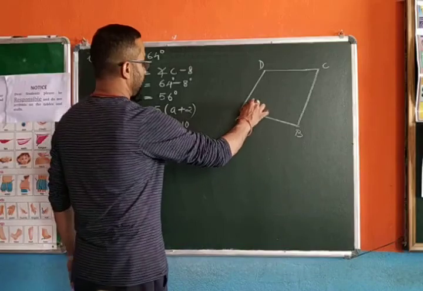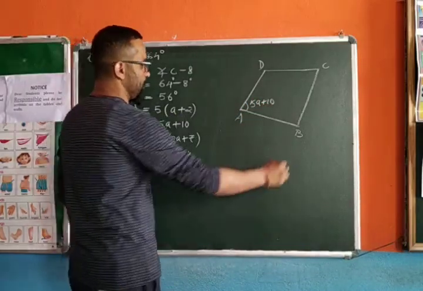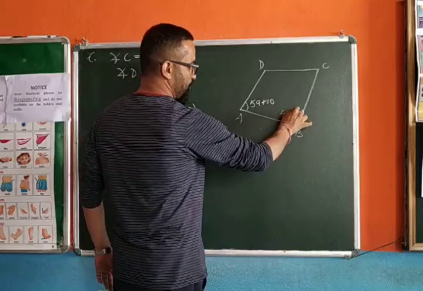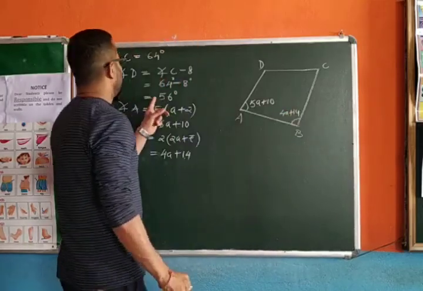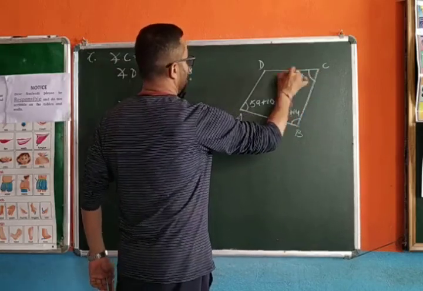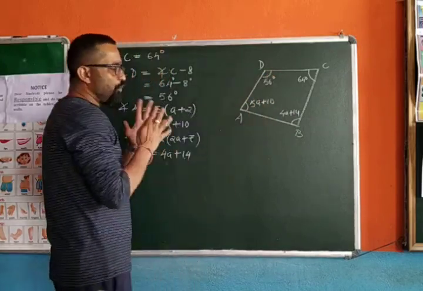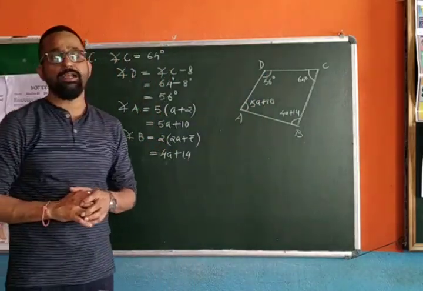A is 5A plus 10. Similarly, B is 4A plus 14. C is 64 degrees and D is 56 degrees. You know all the angles of the quadrilateral.